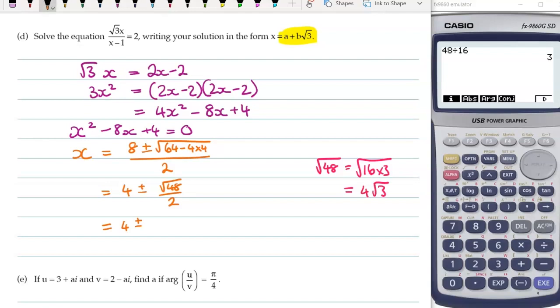So over here we'll have 4 root 3 over 2. Well, 4 over 2 cancels, so it's just 2 root 3. One final step. The answer was looking for only the one that has the plus in it here. So our final solution is to say x is 4 plus 2 root 3.